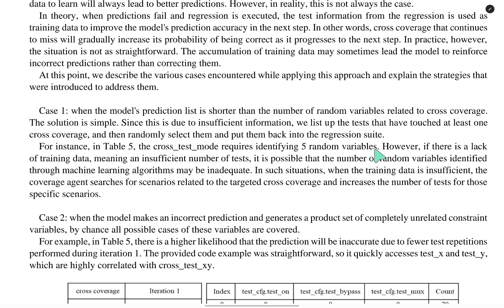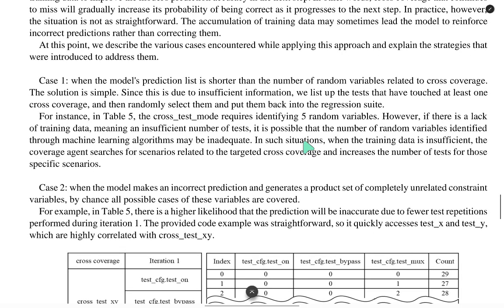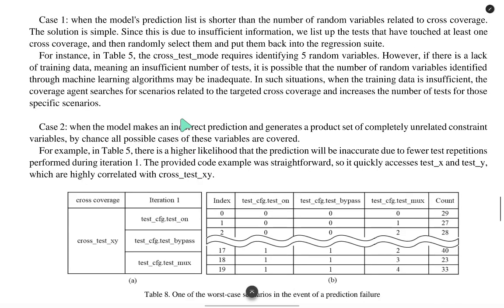However, if there is a lack of training data, meaning an insufficient number of tests, it's possible that the number of random variables identified through the machine learning algorithms may be inadequate. In such a situation, the coverage agent searches for scenarios related to the target cross coverage and increases the number of tests for those specific scenarios.